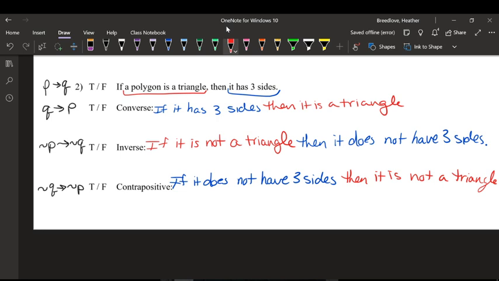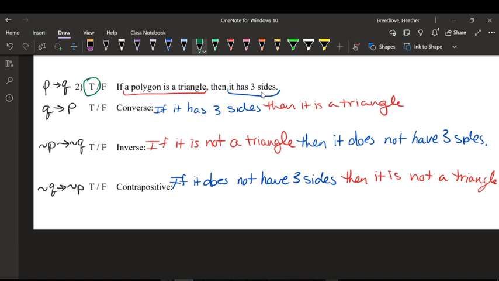Okay, so I have all 4 if-then statements written. So I need to check the truth value of each. If a polygon is a triangle, then it has 3 sides. If a polygon is a triangle, then it has 5 sides? That wouldn't work. Is there another number we could plug in that would make this false? No. So this is a true statement.